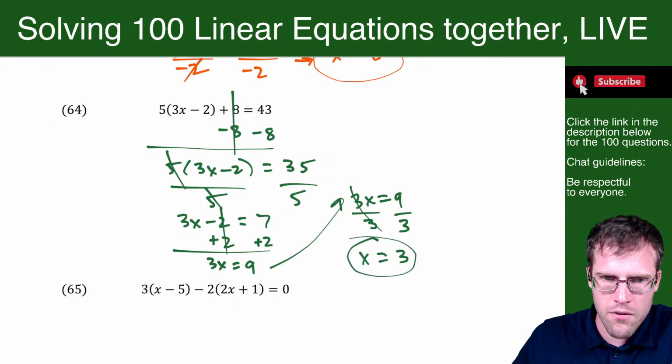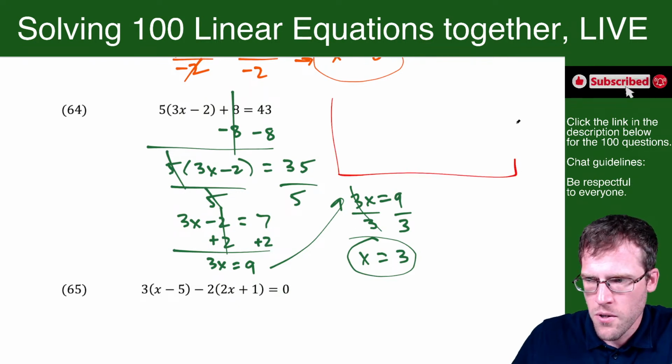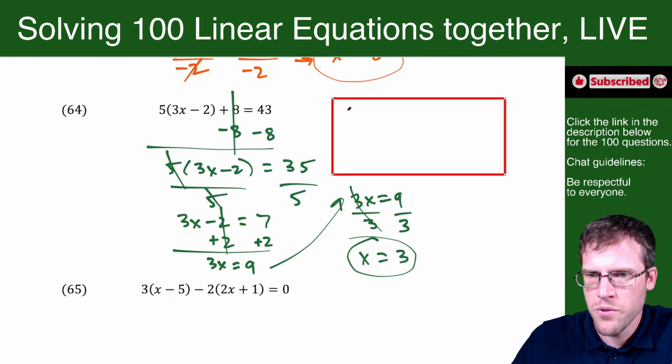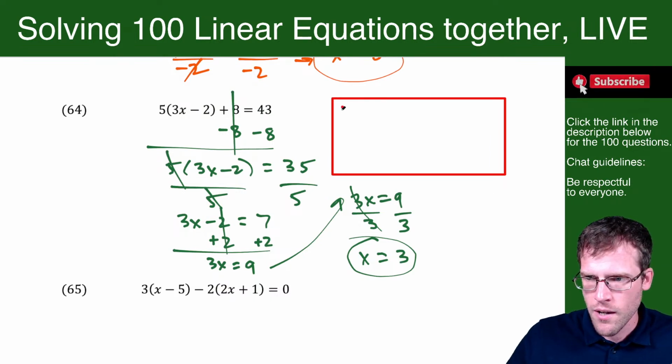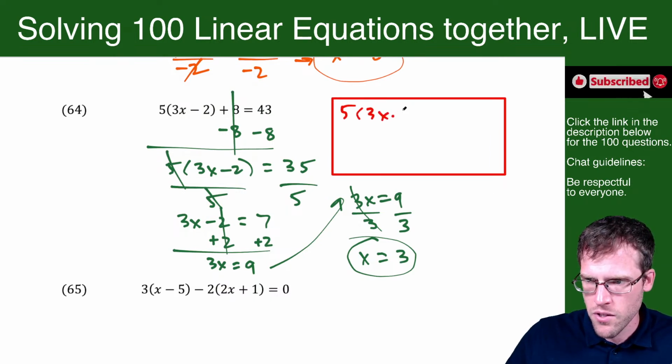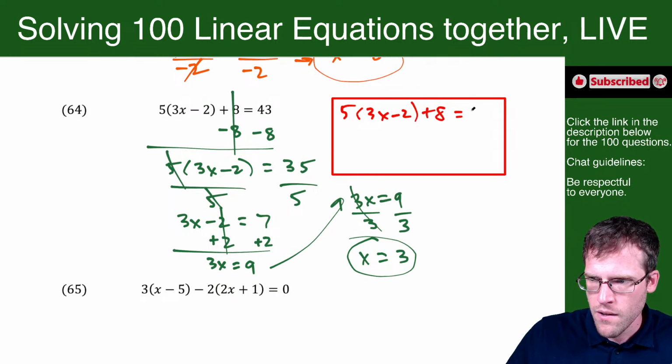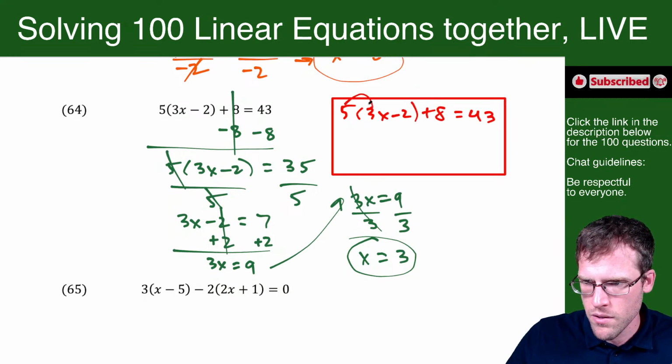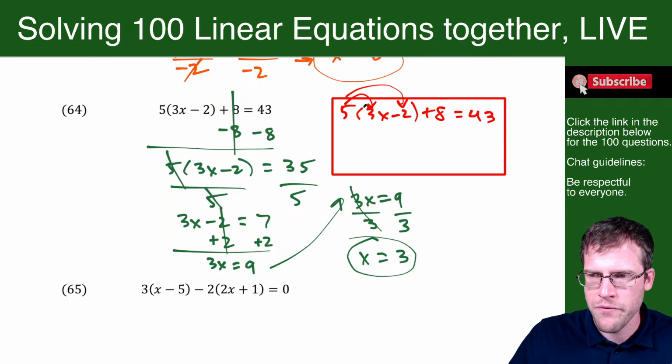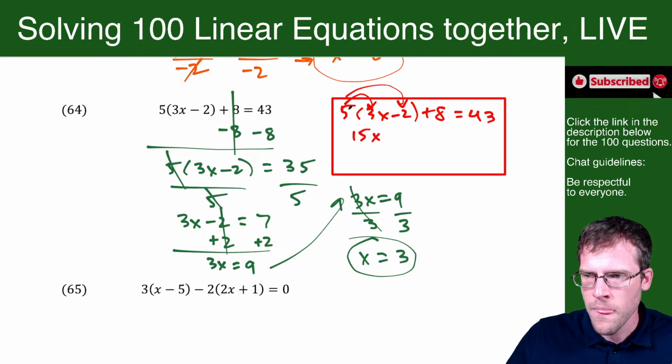So what I was saying a moment ago, this is also fine if you just get rid of that stray mark. If you look at this equation, how we started it here, solved it in maybe not the most obvious way, but 5 times 3x is 15x. 5 times -2 is -10, and then +8 equals 43.